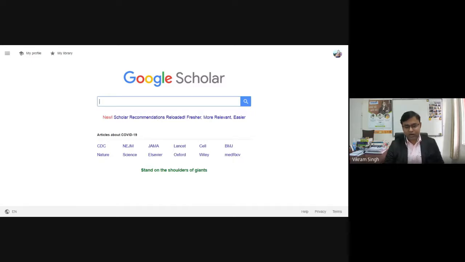But in the Google Scholar case, it has a very specific set of web contents, and these sets of contents are basically templated research articles, scholarly articles, right? So Google has created a different index database for maintaining all these scholarly or science research articles.